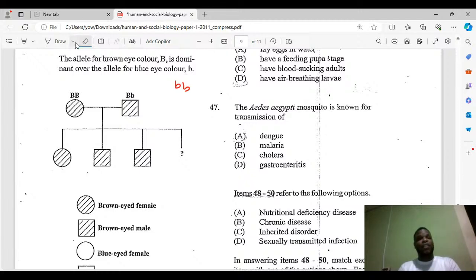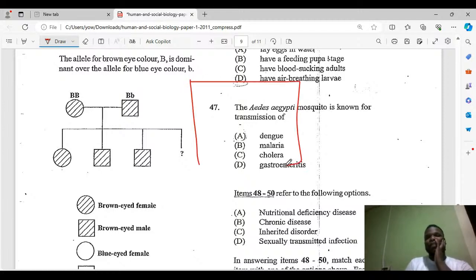And for the people who are not sure, let's draw it. So for this, you'll draw a square. You can draw a simple one. I'll draw a simple one here just to show you. So you draw a simple Punnett square and you do the maths. All right, so you say BB, right? Can you get it?